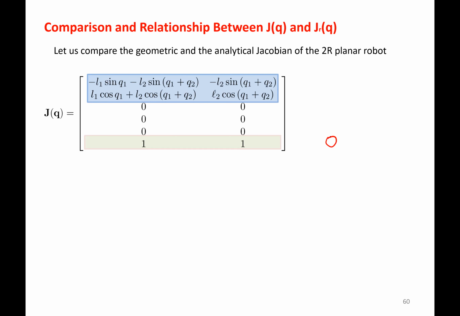This makes sense because the only task space variables that we can modify are x and y, because you don't have a rotation or a translation around the z-axis. So that's why this row is 0. And then here you cannot rotate around the x or y axis because we don't have any joint that does that. So that's why in the bottom you only have ones.